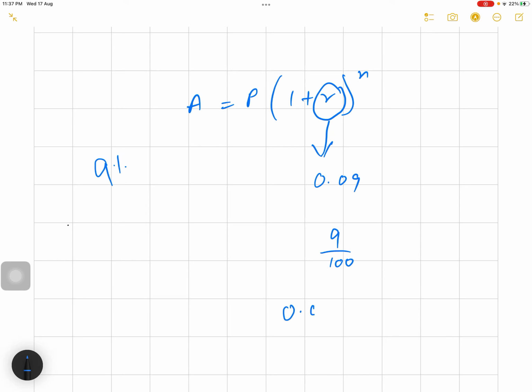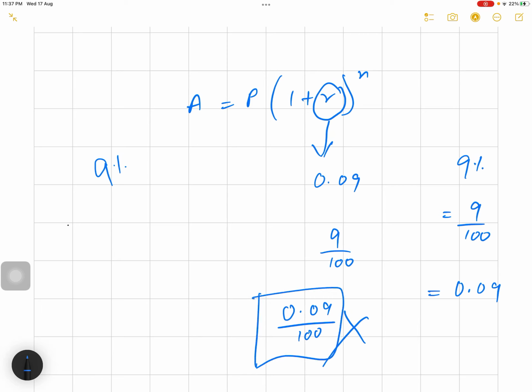Some students write 0.09 divided by 100. This is wrong. R is 9%. 9% means 9 upon 100, which means 0.09. You cannot write 0.09 divided by 100, then it becomes wrong. So in place of R, you better write 0.09 in decimal only. Don't divide by 100.